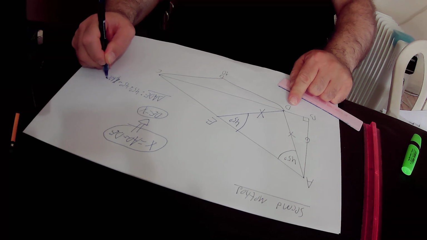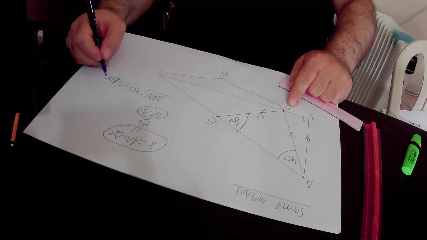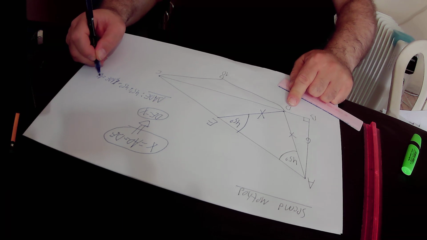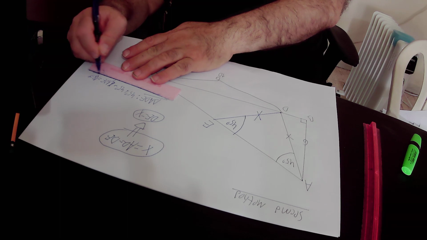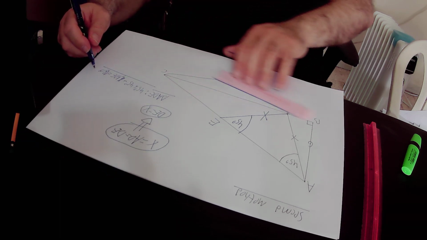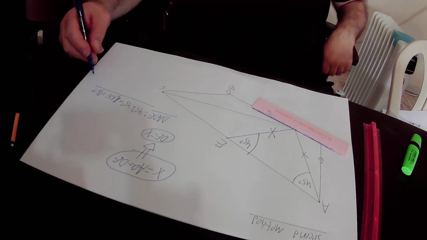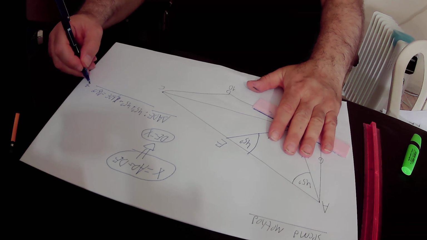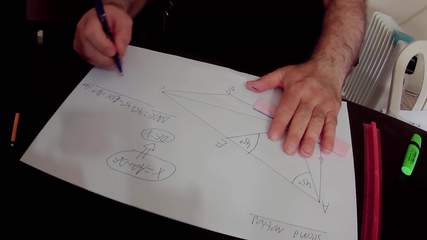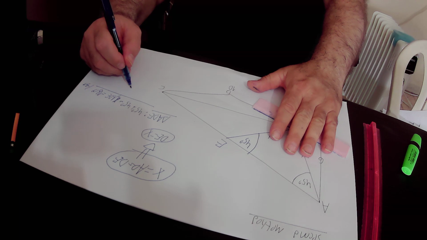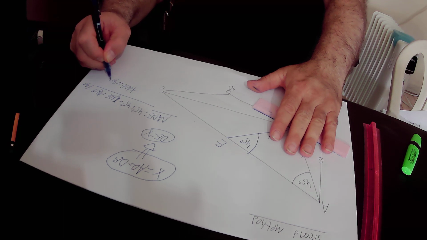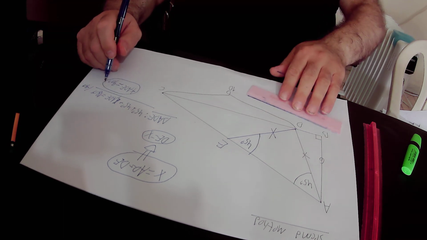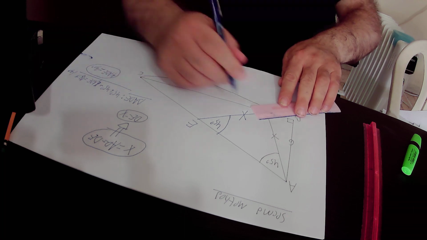Here, 45 degrees plus 45 degrees is 90 degrees. We subtract 90 degrees, and we get that the missing angle ADE equals 180 degrees minus 90 degrees, it is 90 degrees. So angle ADE is a right angle, therefore triangle ADE is a right triangle.